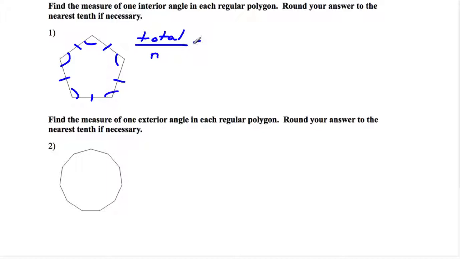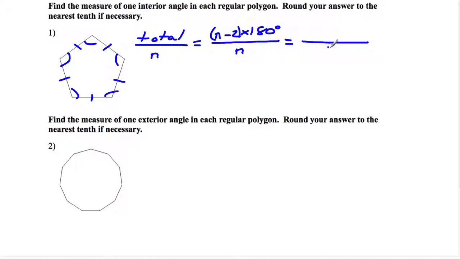So here we calculate the total amount of degrees inside of an interior angle by the formula n minus 2 times 180. And we're going to divide that again by n, by how many angles or how many sides there are. N, because this is a pentagon, it has 5 sides, 5 angles.